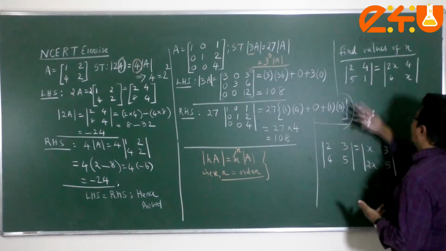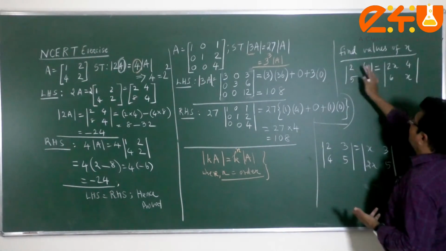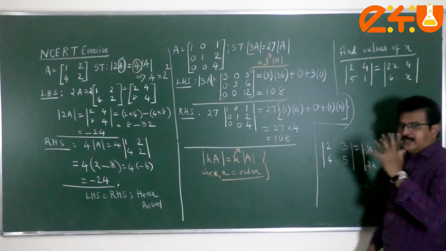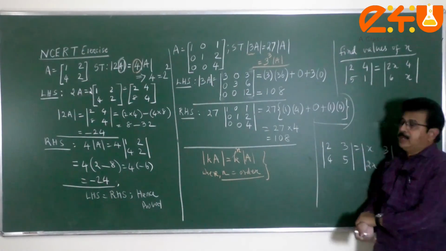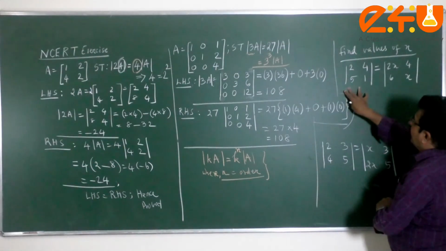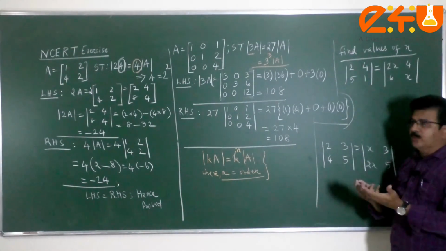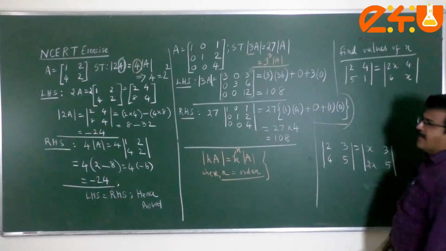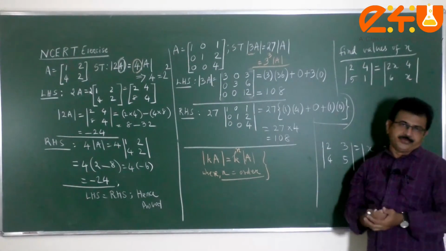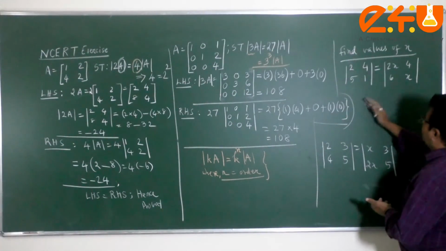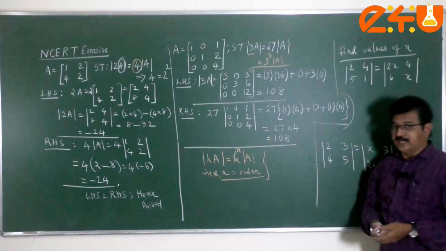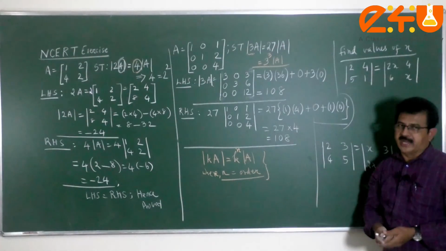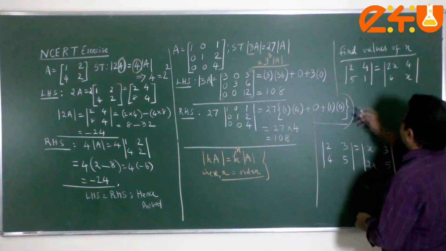So you will start comparing every element by element. Here in determinants, such comparison is not possible. This determinant has its own value. The RHS determinant has its own value, and only the value and value are equal, not the respective elements. So students should carefully keep this in mind.